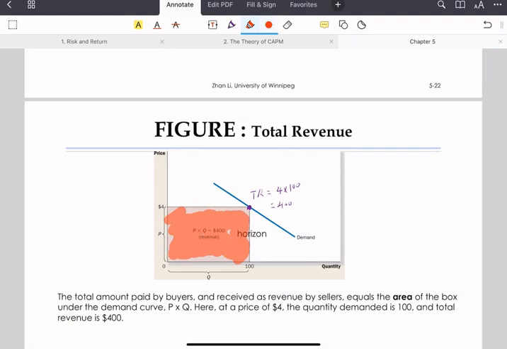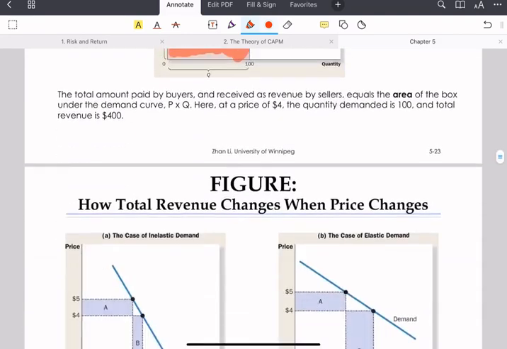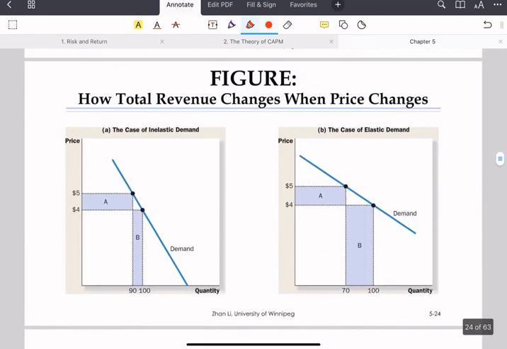In the future, you will see that this kind of graphical analysis will be helpful. Now, as I said, we want to understand how total revenue will change if we change price. So here we have basically two cases. The first case, we have inelastic demand. The second case, we have elastic demand.